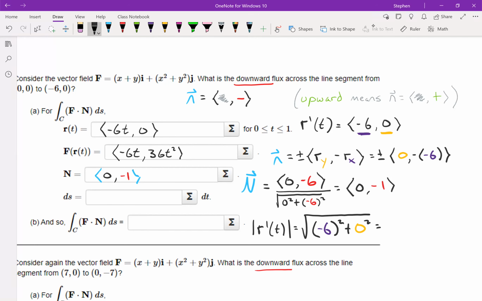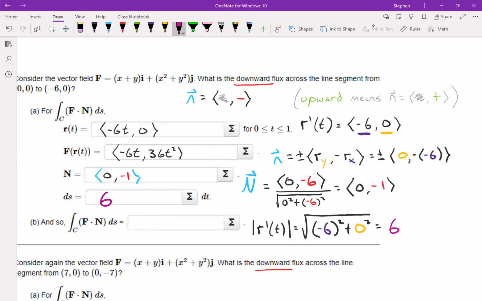So that's going to simplify itself out to 6. Square root of 36 is 6. I'm going to fill that in over here. So again, I must have the unit normal vector, and then the magnitude of r prime is the coefficient on dt, if I sub it in for ds.